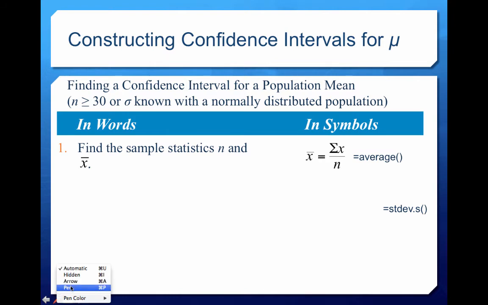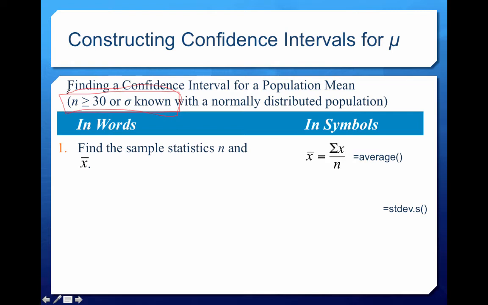So the first thing you're going to do is check that you have one of these two conditions. Step one, make sure the sample size is greater than or equal to 30, or the problem says the population standard deviation is known. Once you say yes to one of those, then we can start working in Excel.